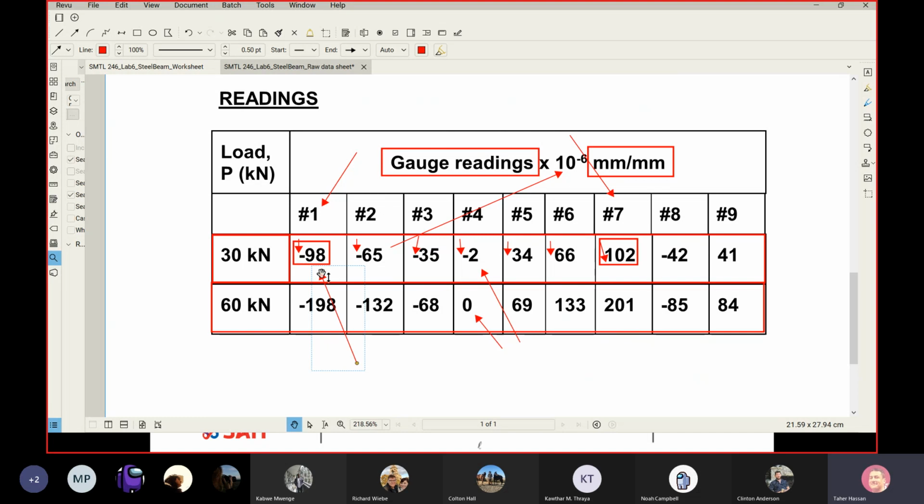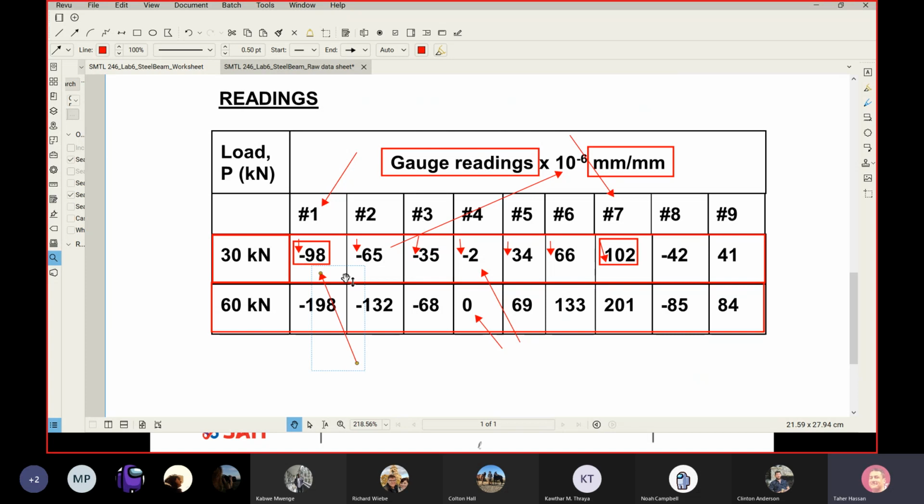Now, finally, I want to ask you, if I know the strain, can anybody find for me what is the stress that corresponds to this fiber? So I measure the strain. It's minus 98 times 10 to the power minus 6. Can I get how much the stress is at this point?